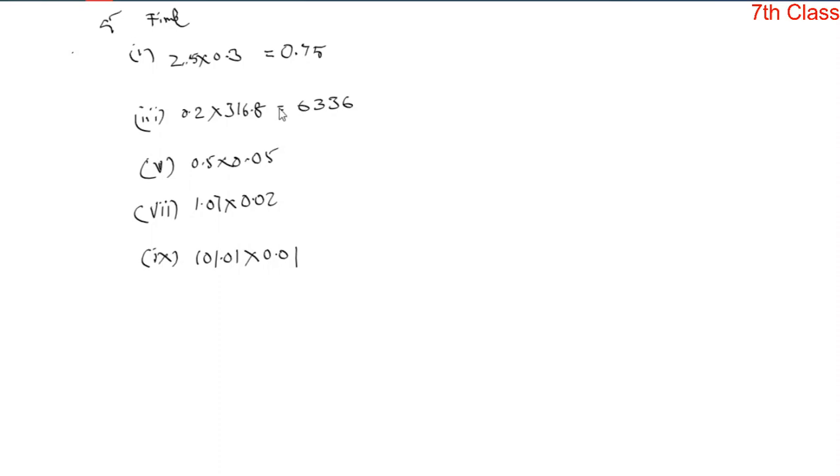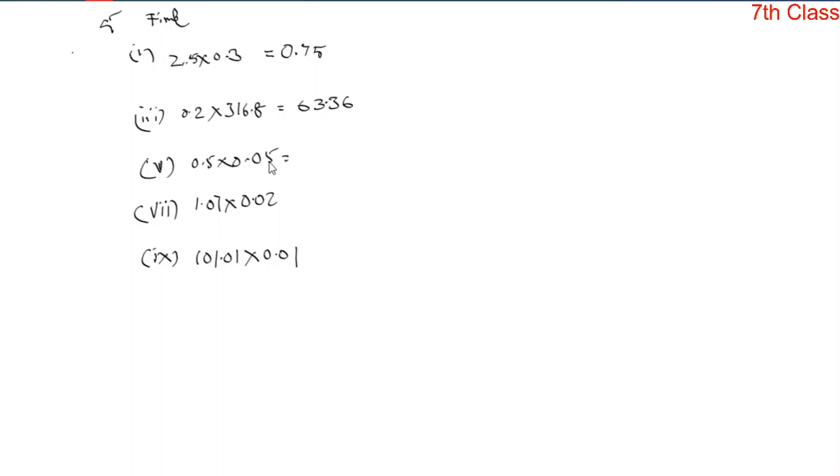Now count how many digits are there. 1. Here 1. Total 2 digits. So you should shift the decimal point towards left, 2 digits, 1, 2. Put point. Now 63.36.